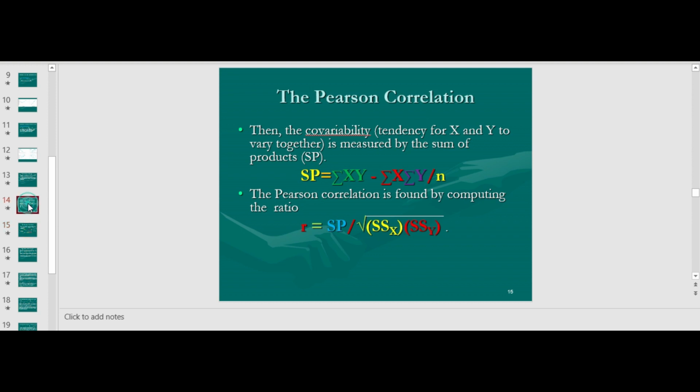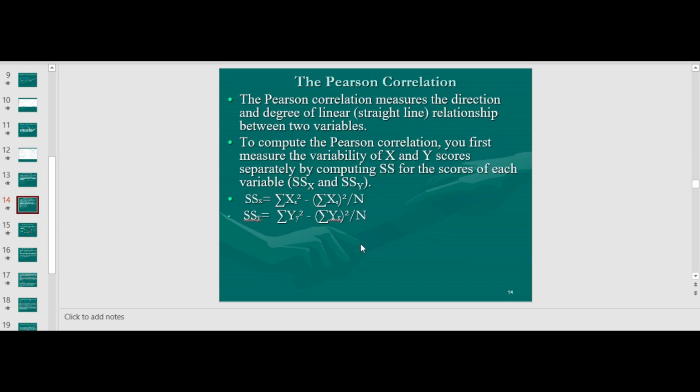You are familiar with this formula for calculating the sum of squares, or the variability, or the squared deviation. This is the formula of squared deviation.